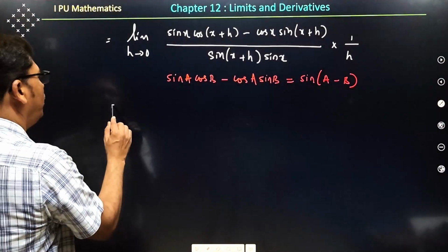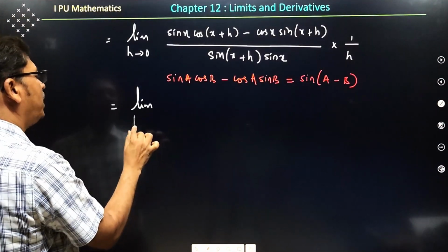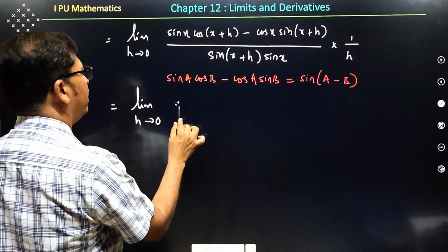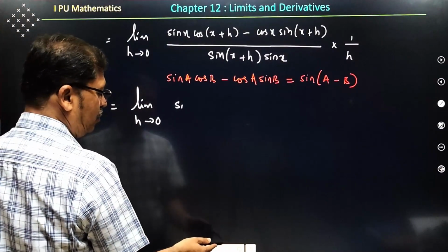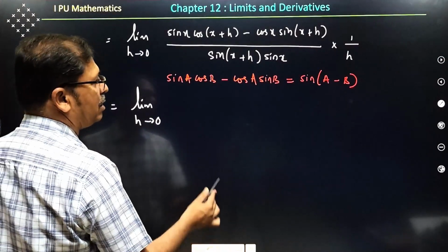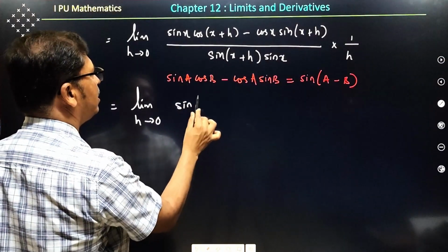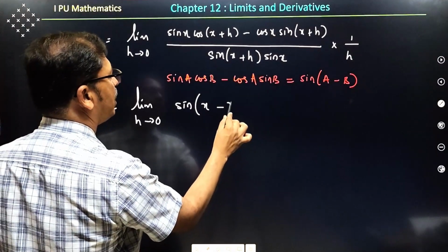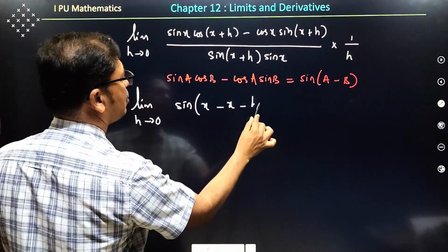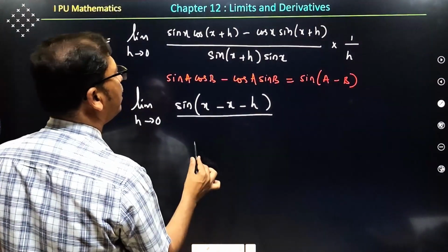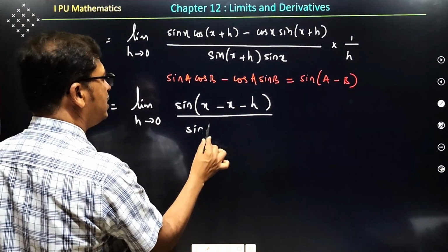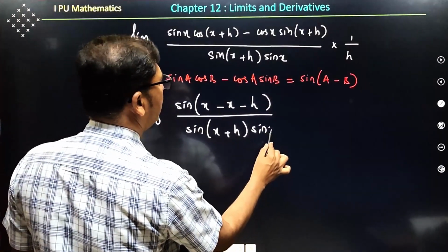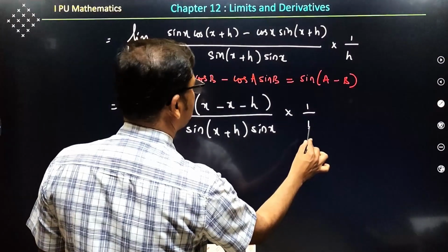So this is equal to limit h tends to 0, and then sin x, you apply the result here. That is sin of a minus b, which is x minus (x plus h), that is minus h, divided by sin of x plus h into sin x, into 1 upon h.